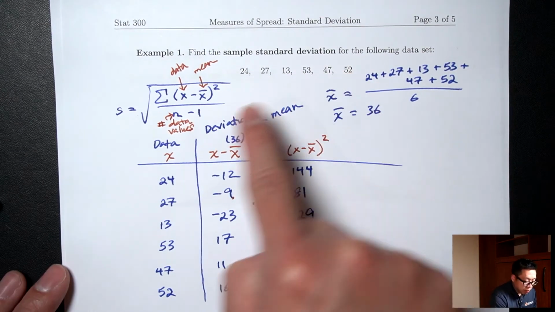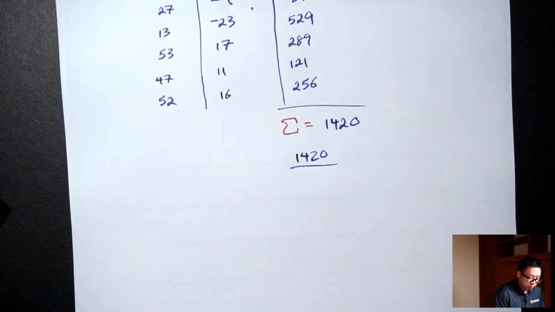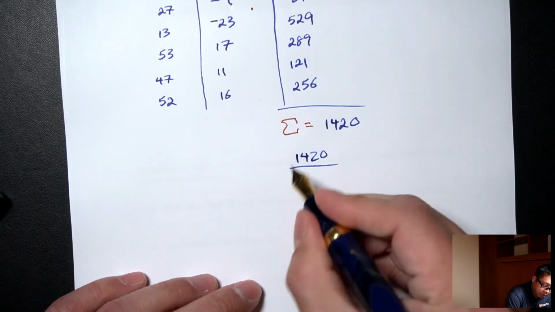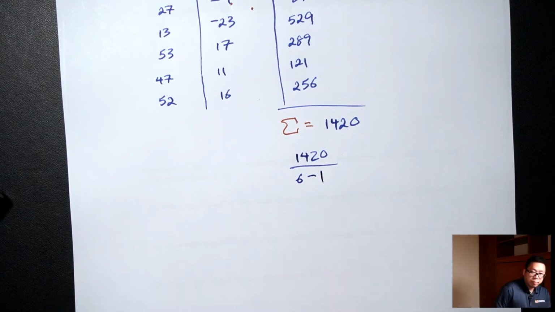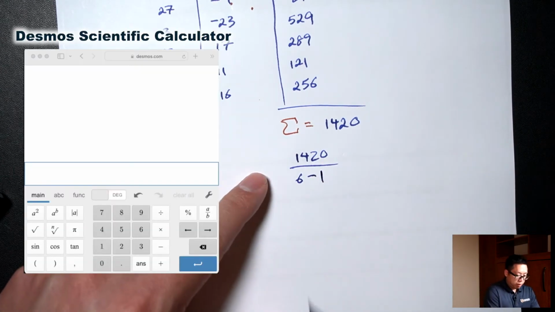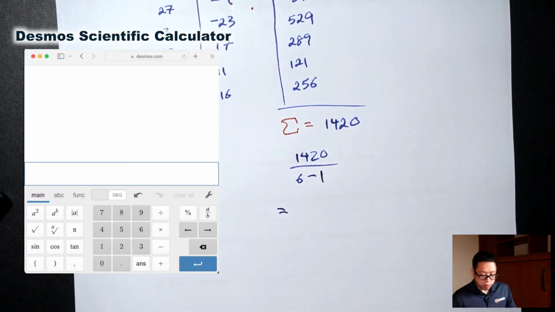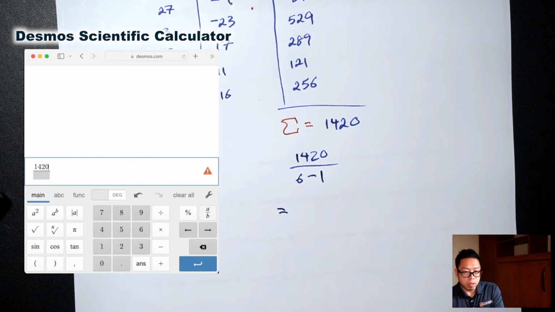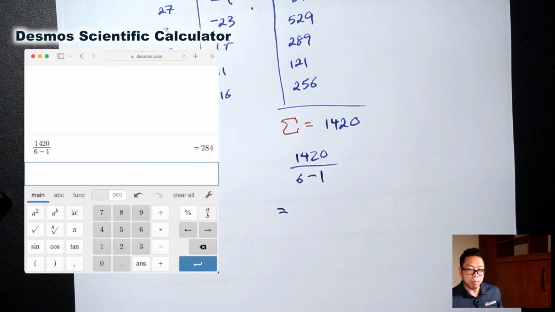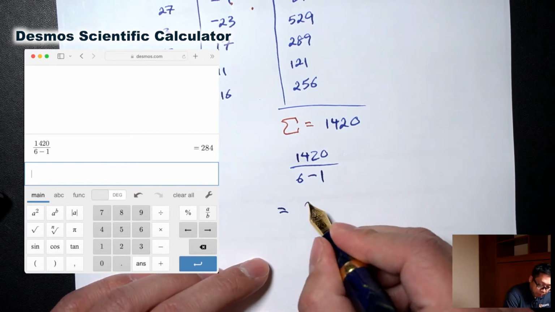So divide by 6 minus 1. Let's see what this is. 1420 on top, on the bottom, 6 minus 1. In other words, you're just doing 1420 divided by 5. I get 284.